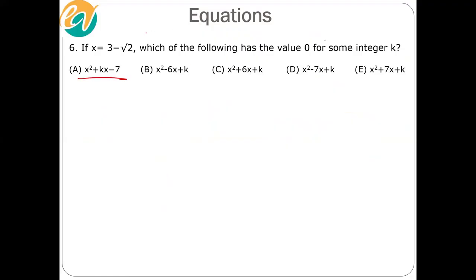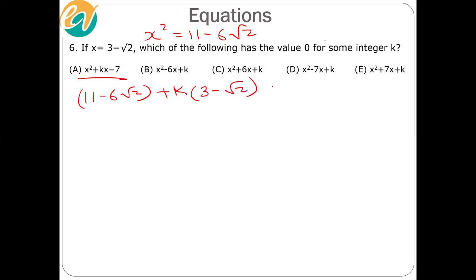I think I erased everything. 11 minus 6 root 2. Let's substitute it here: 11 minus 6 root 2 plus k times 3 minus root 2 minus 7. Then it would be 11 minus 6 root 2 plus 3k minus k root 2 minus 7.